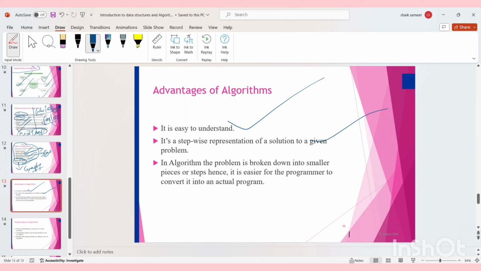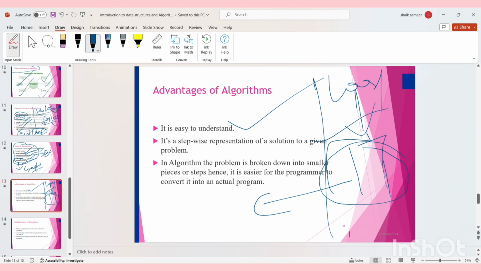In an algorithm, the problem is broken down into smaller pieces. If you take a larger problem, you break it into smaller pieces, so the programmer can easily convert it into an actual program. These are the advantages of an algorithm.